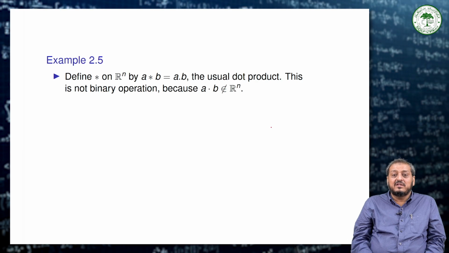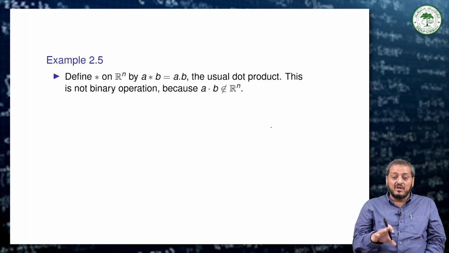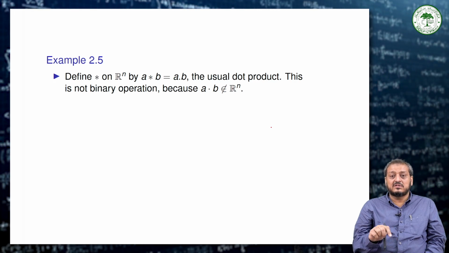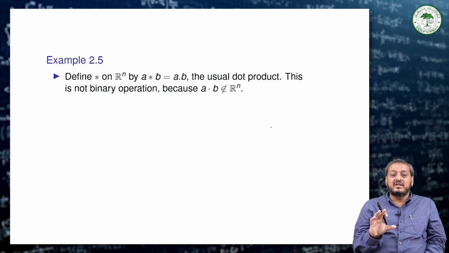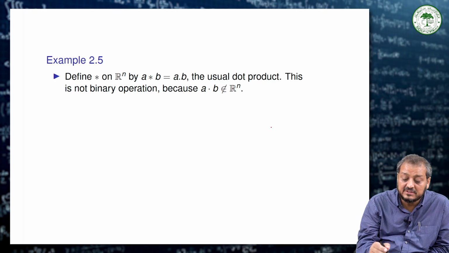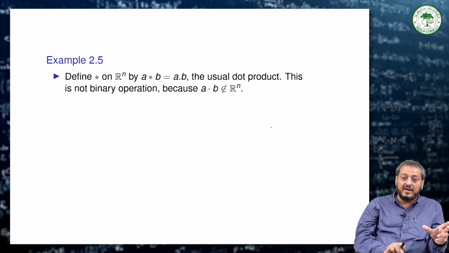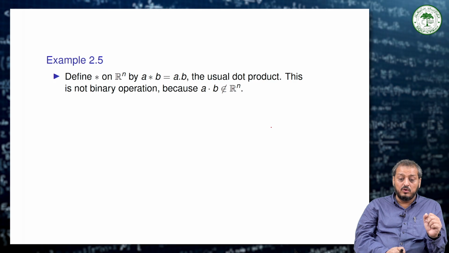Let us try another very interesting example. We define a binary operation on R^n, and we take a * b = a · b, the ordinary dot product. Why is this not a binary operation? We take two elements of R^n and take the dot product of these two elements.